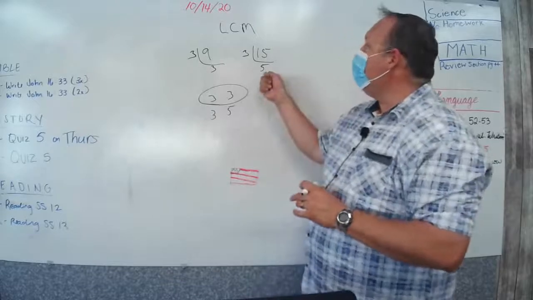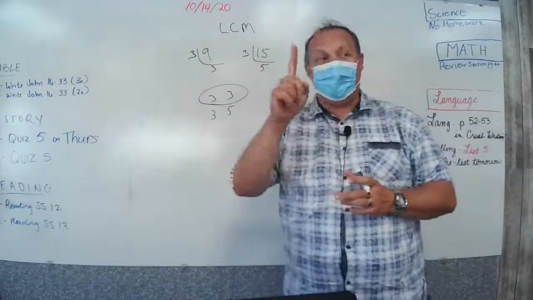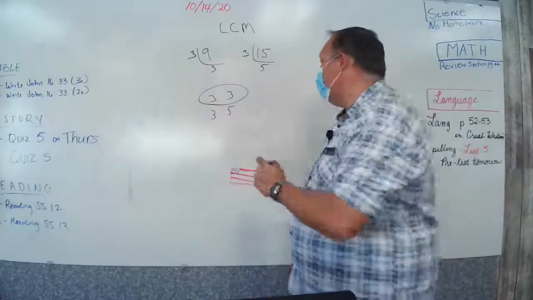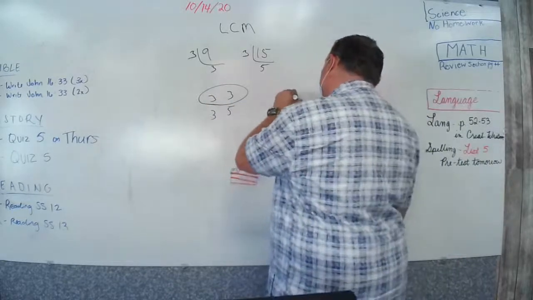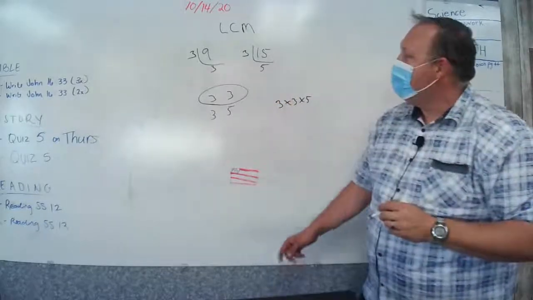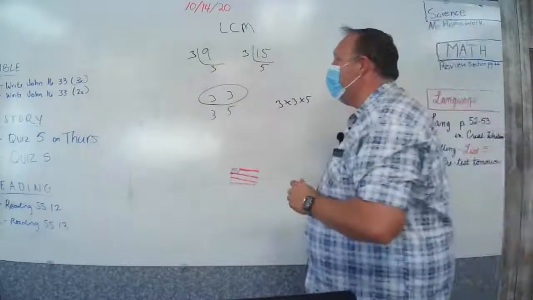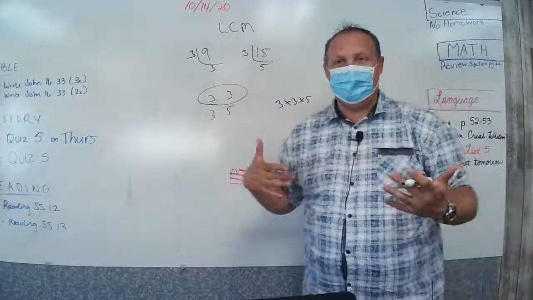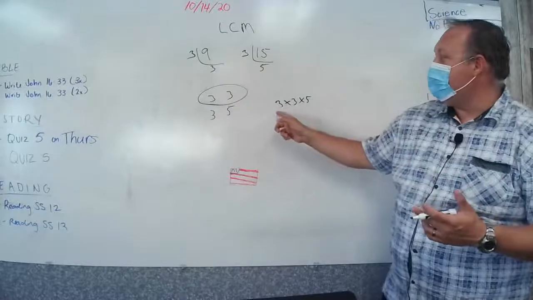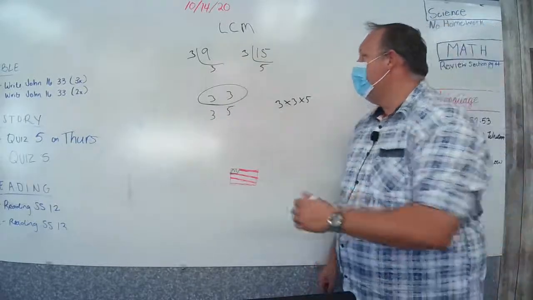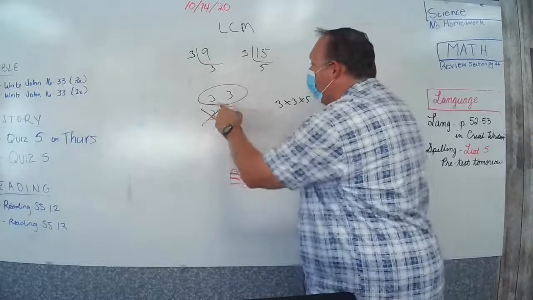And then I also have to use every other factor one time. So 3 here is used the most. It's 3 times 3. And then times 5. Because I have to use every factor at least once, but I use the factor that's used the most that many times. So 3 is used 2 times right here, so I'm using it 2 times here. 5 is used once, so I use 5. I don't have to worry about this one because I'm already using 3.